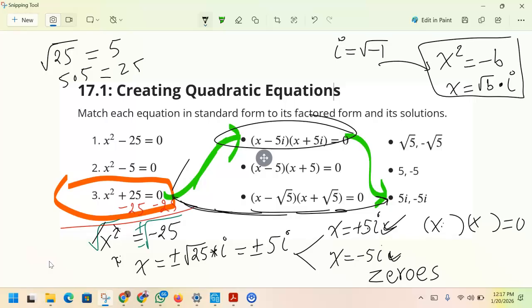All you do is just the opposite. The opposite of plus 5i is minus 5i, and the opposite of minus 5i is plus 5i. This is how we write in the factored form, so we get the answer that we showed, and we are done. That's all it is.